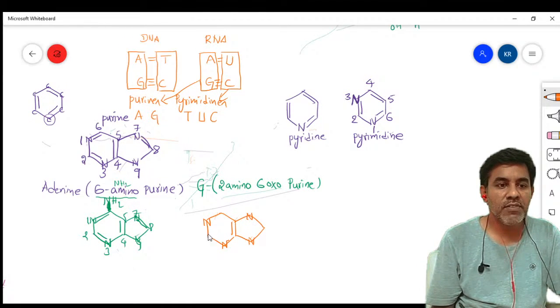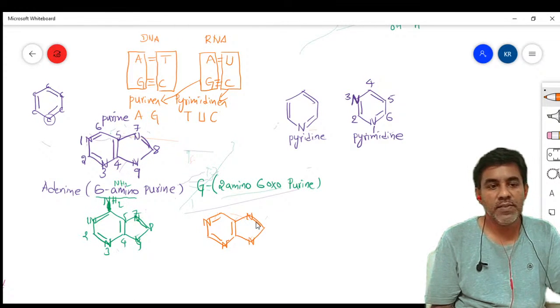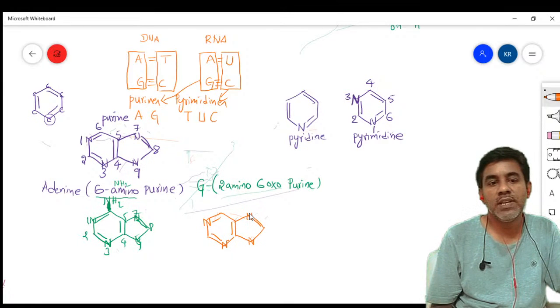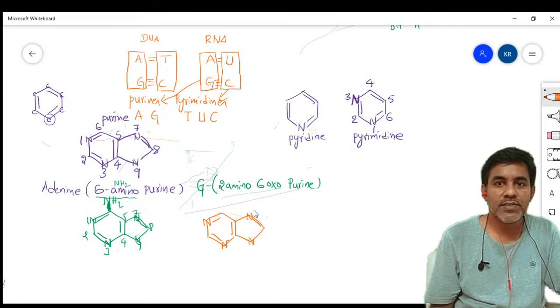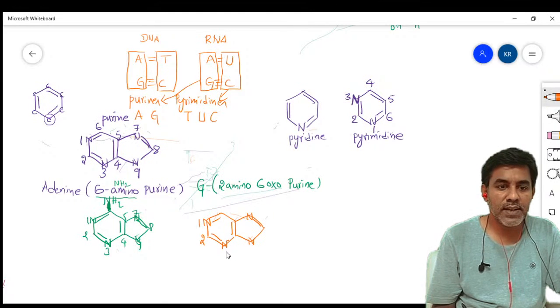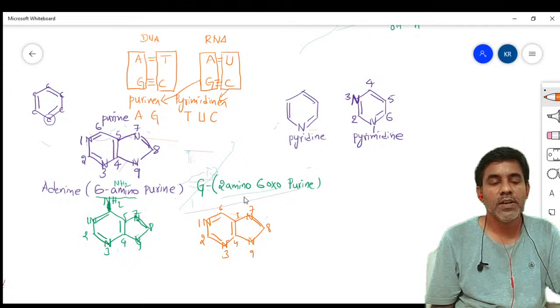Next, placement of hydrogen atoms to compensate the 3 bonds for nitrogen and the remaining bonds for hydrogen. Whenever the valency is less, simply place hydrogen atoms. Next, numbering: first, second, third, fourth, fifth, sixth, seventh, eighth, ninth. So 2-amino 6-oxopurine.